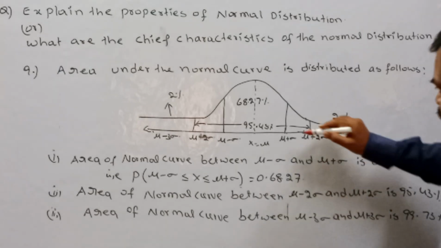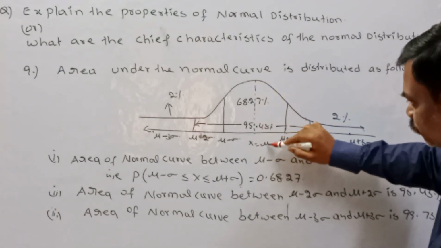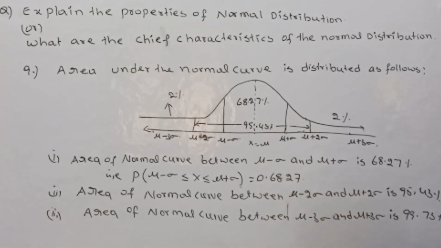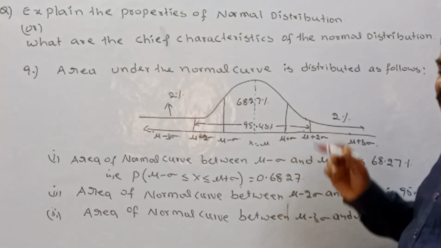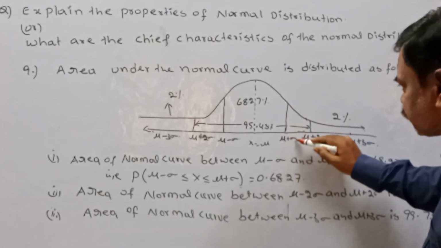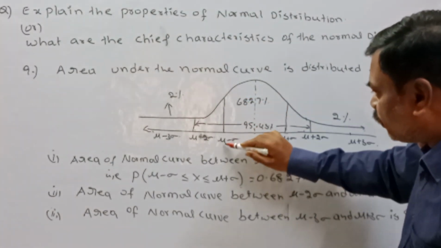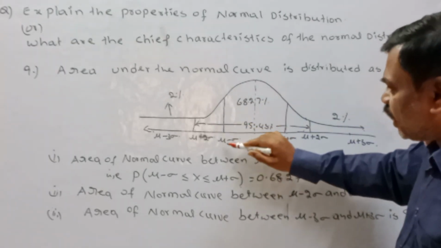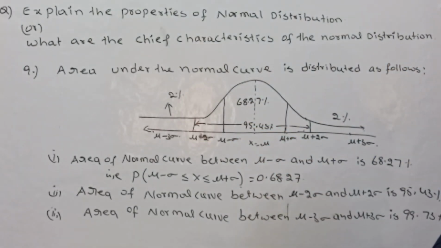You see this is the line x equal to mu, symmetrical about this mean, and this is the line mu plus sigma, this is the line mu minus sigma.